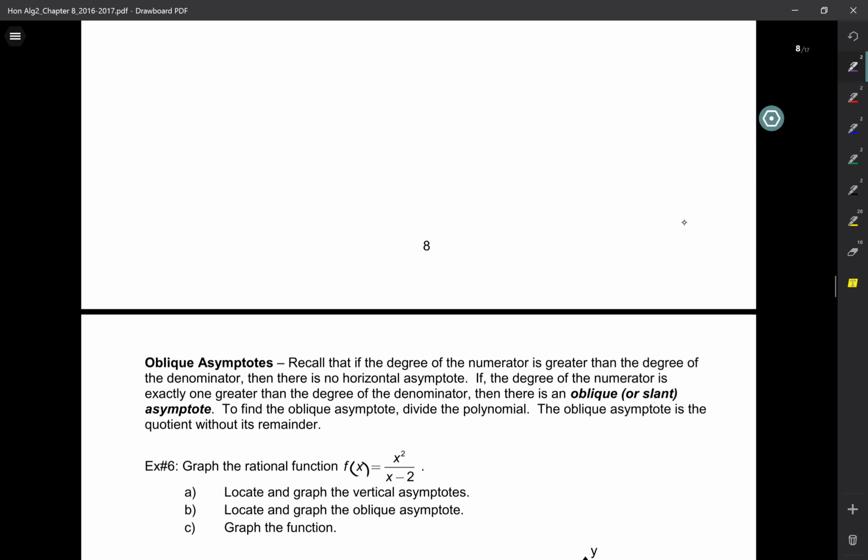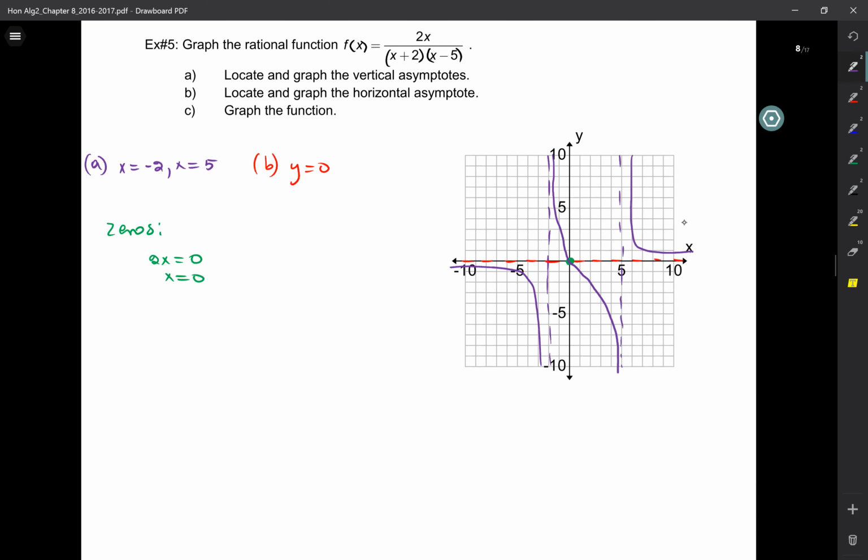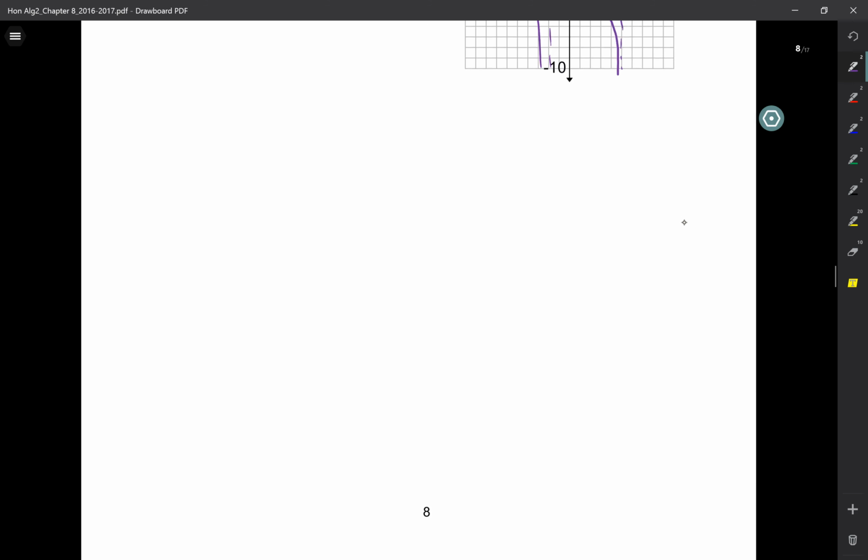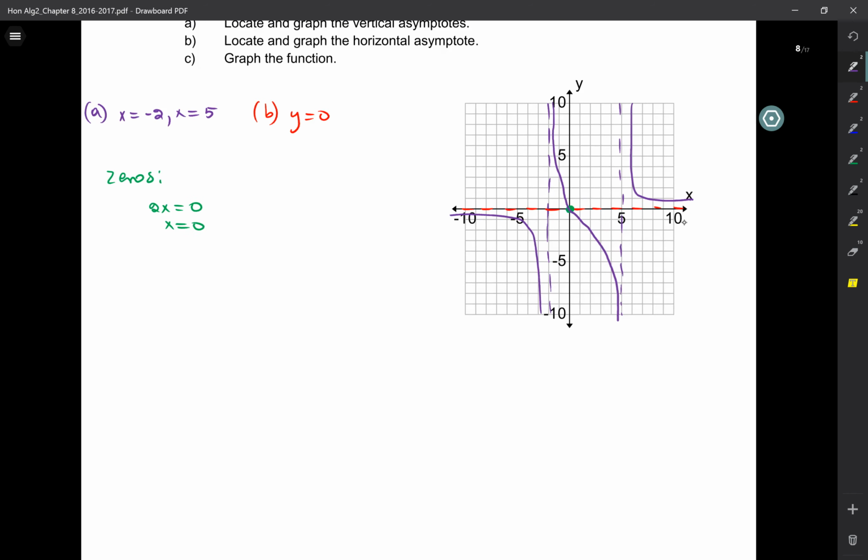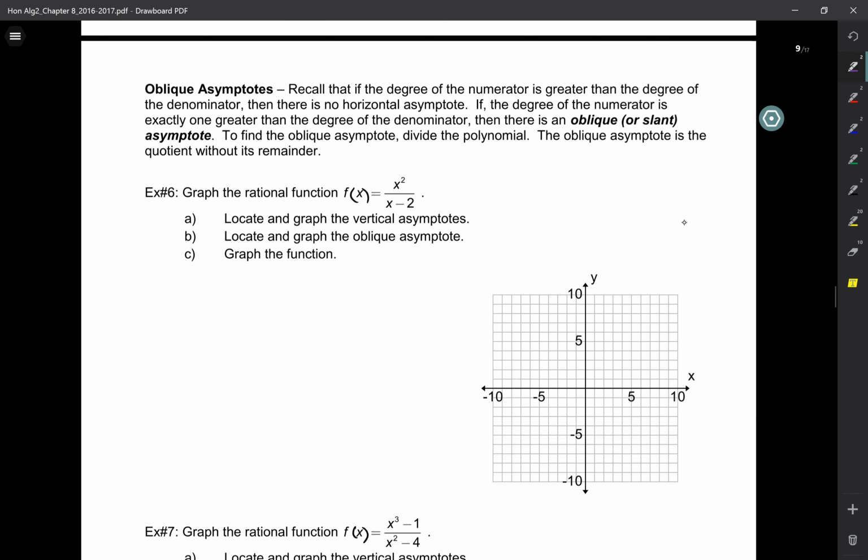Now let's get to the case where there is no horizontal asymptote. I'm sorry, these had horizontal asymptotes. In that case, there may or may not be an oblique asymptote. So remember what we said, that if the degree of the numerator is greater than the degree of the denominator, there was no horizontal asymptote.